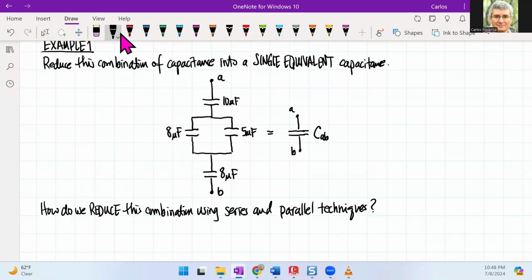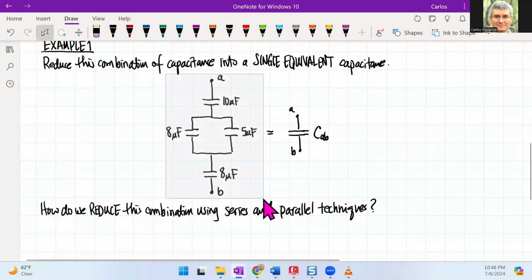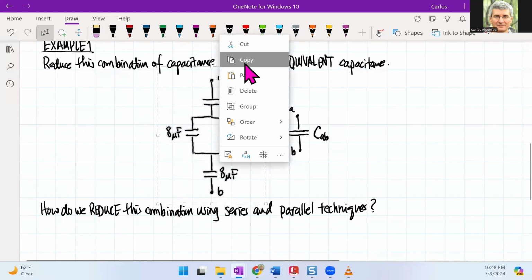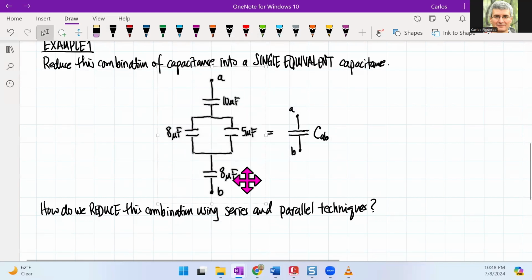The first thing you've got to do here is use colors. So I'm going to copy this because I'm going to need this. And what you're going to see is that I'm going to keep modifying this thing.